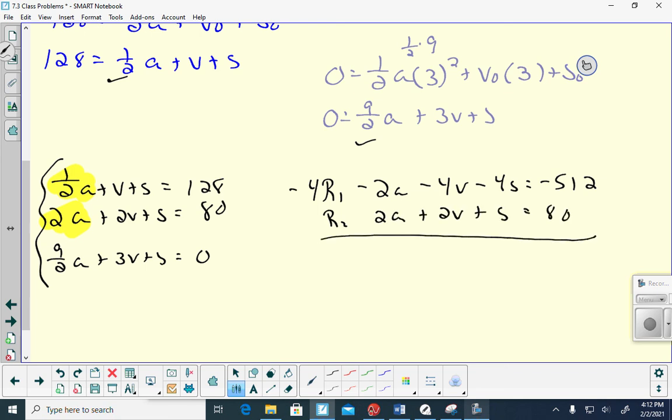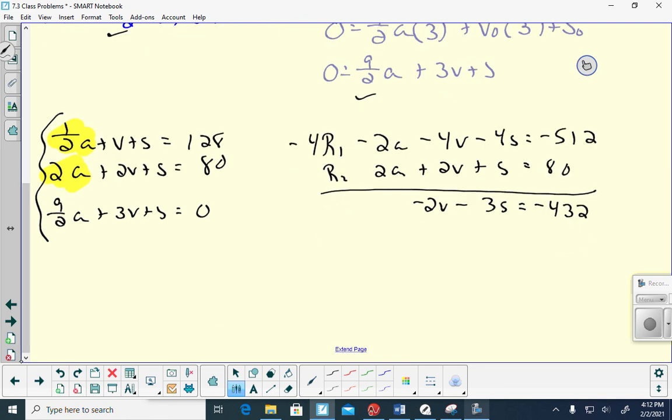And when I add those, the a's will drop out. I'm left with -2v minus 3s is equal to -432. So following the same pattern that I did before, the first equation is going to stay the same. This is going to be my new second equation.